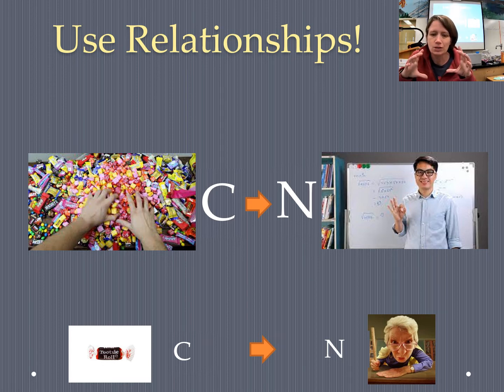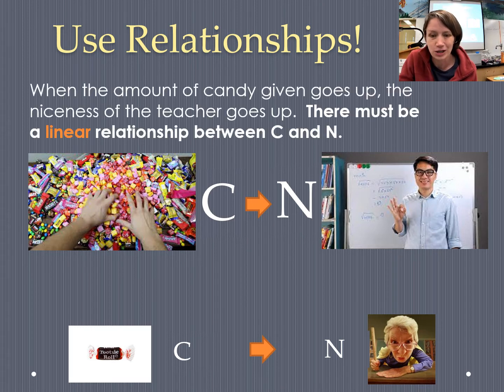So hopefully when you see this, big making big and small making small, you're jumping to the correct mathematical relationship, which is when the amount of candy goes up, the niceness of the teacher goes up. That means there must be a linear relationship between C and N. Or when the candy goes down, the niceness goes down. That's also linear, right? It means that they trend in the same direction.